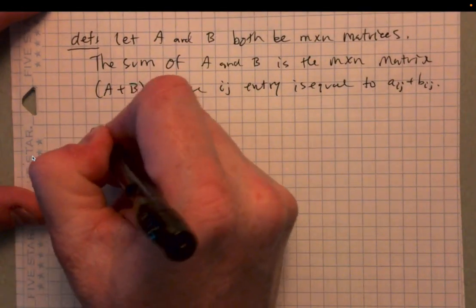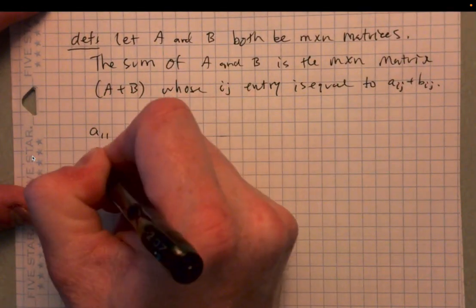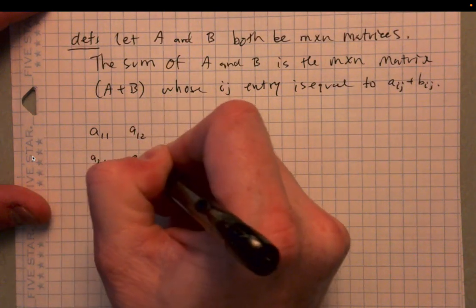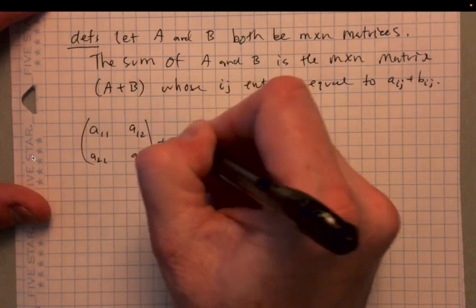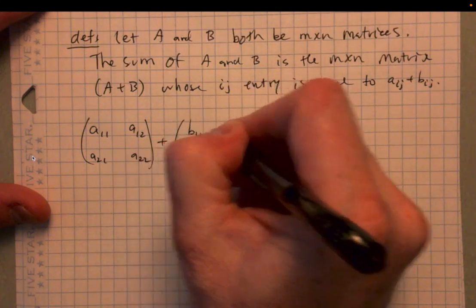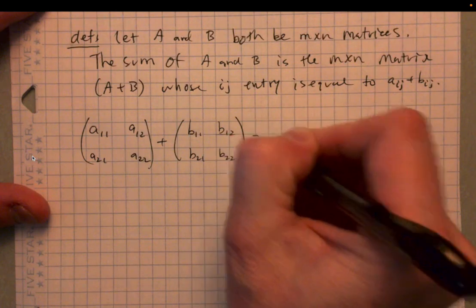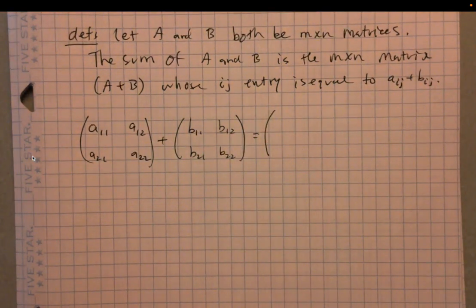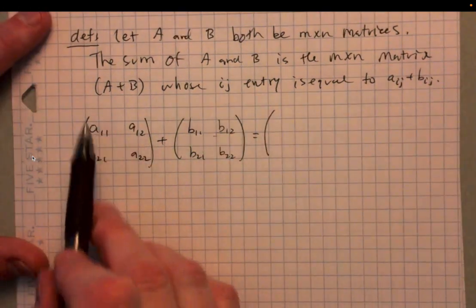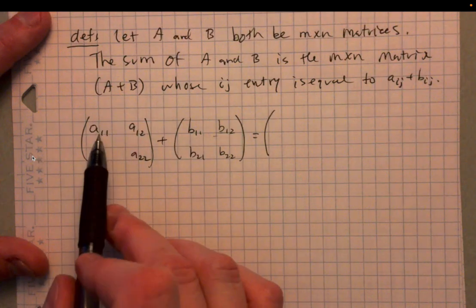So for example, if I have A11, A12, A21, A22, and I want to add to that B11, B12, B21, B22, well, I'm going to get a matrix, right? So the way I would do this, I would add corresponding entries.